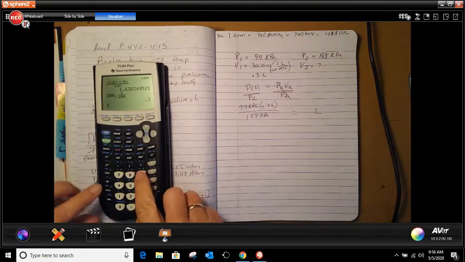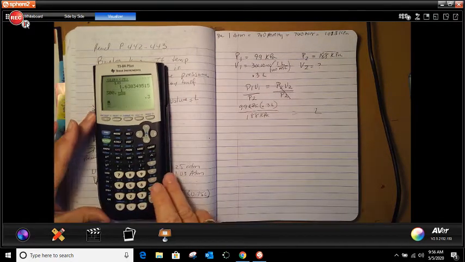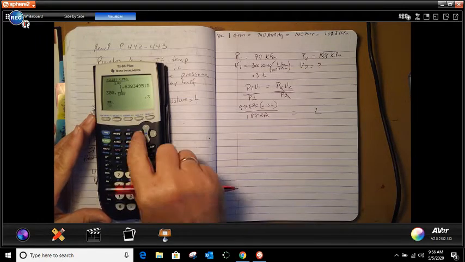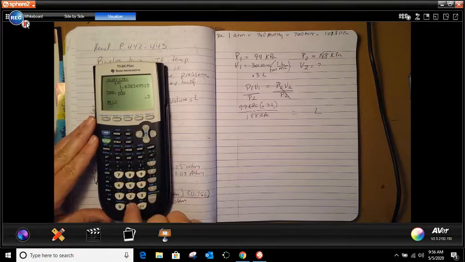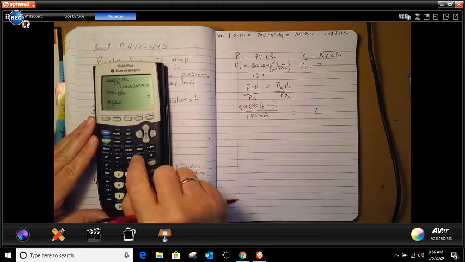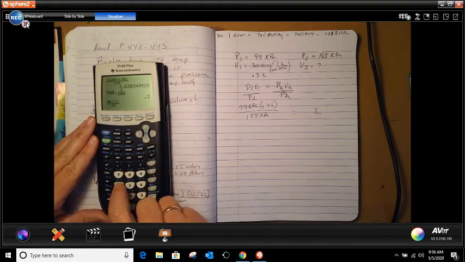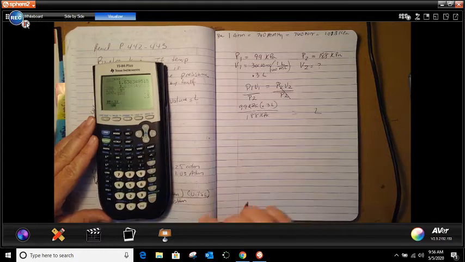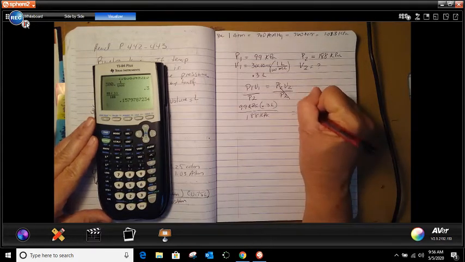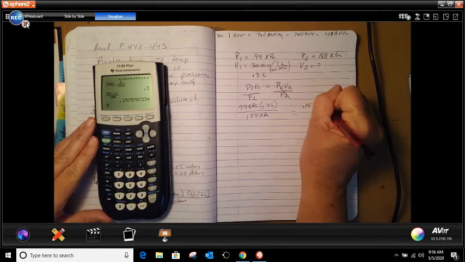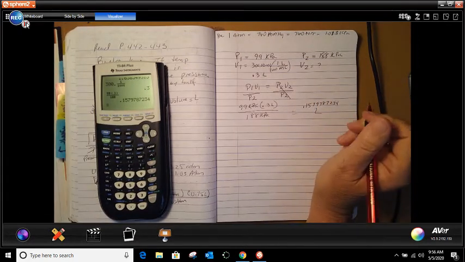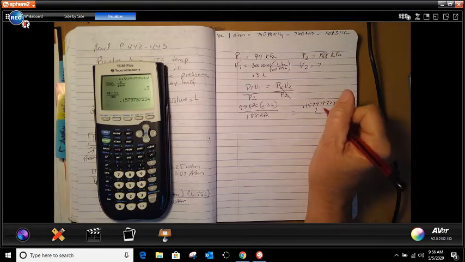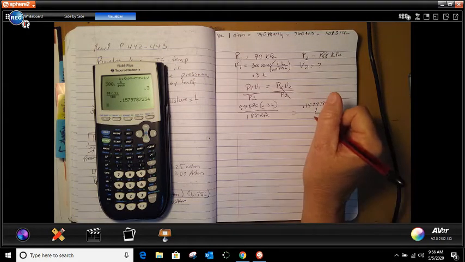So let's see. Alpha y, enter, 99, open bracket, 0.3, close bracket, down 188, and I get 0.15797872234, which would be 0.15 liters, right?